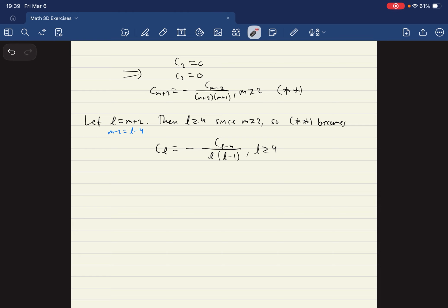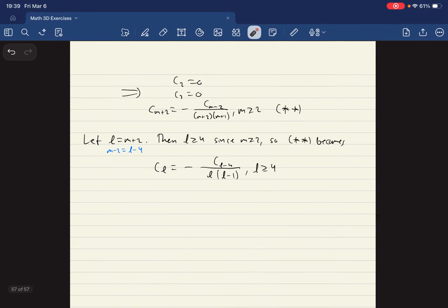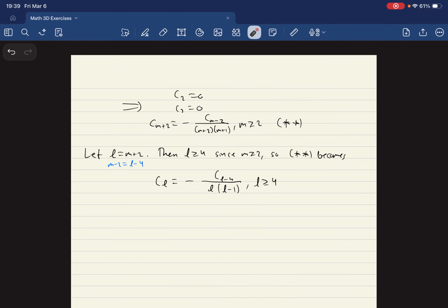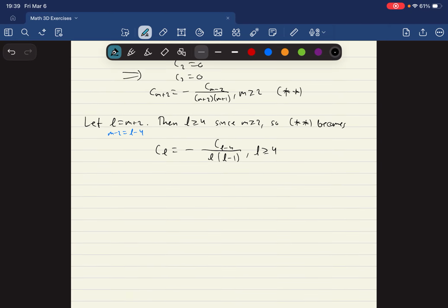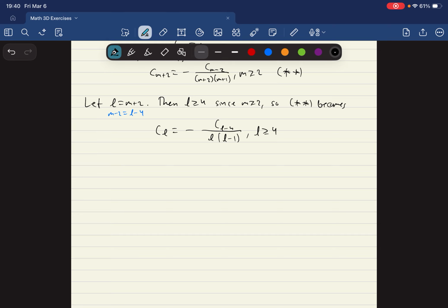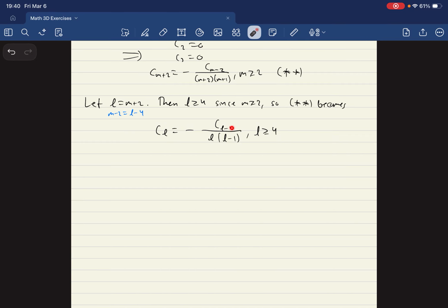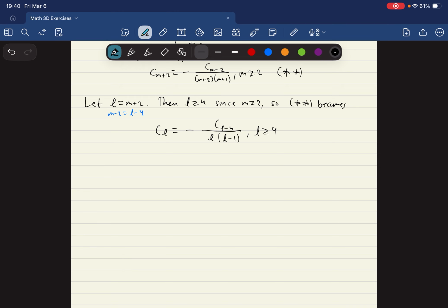Okay. So the first thing I notice is because C2 is 0 and C3 is 0, it follows. So for example, notice how we're doing jumps of 4. We're going from L minus 4 to L. If I take 2 and I add 4 to it, I'm going to get that C6 equals negative C2, again from this formula here, all over, and then we're plugging in 6 for L. So this will be 6 times 6 minus 1.